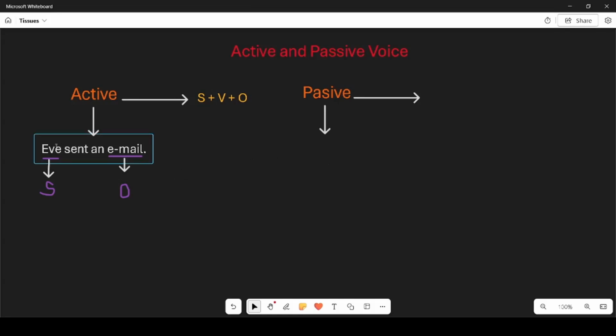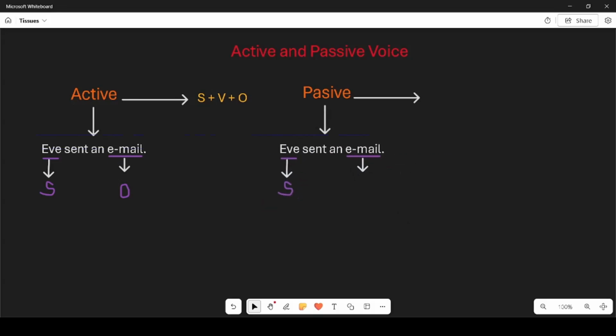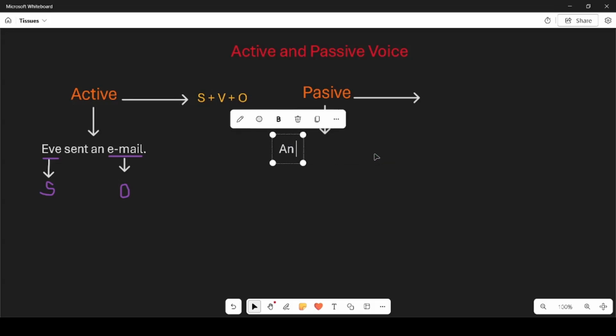Let's convert the same sentence into passive voice and let's see what it is. Okay, so let's convert the sentence into passive voice. I'll show you how to convert active voice into passive voice, but for now, let's stick to learning what active and passive voices are.